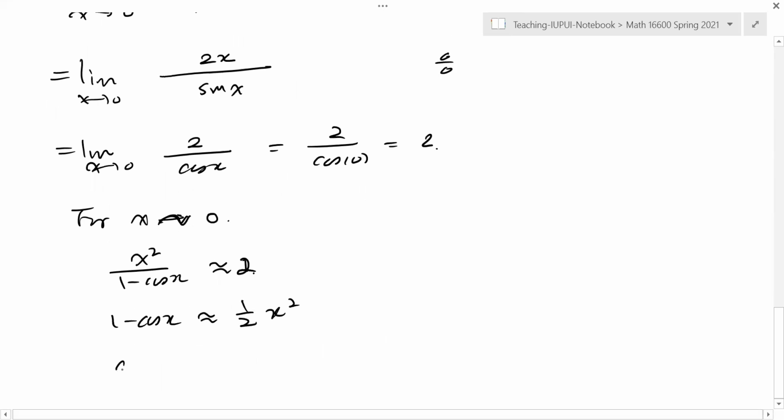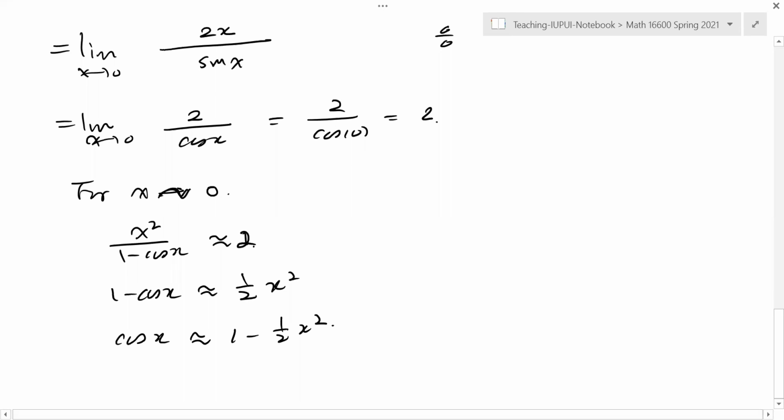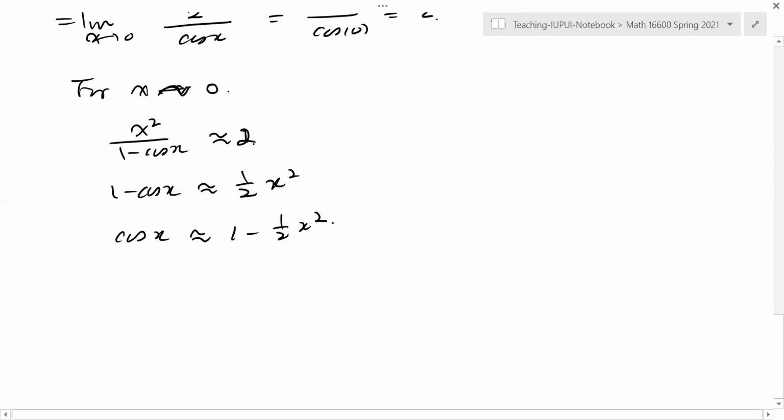In other words, cosine x is almost equal to 1 minus half of x squared. This is a very good approximation of cosine x using polynomials. We will continue this idea to approximate functions later in the last chapter, chapter 11.